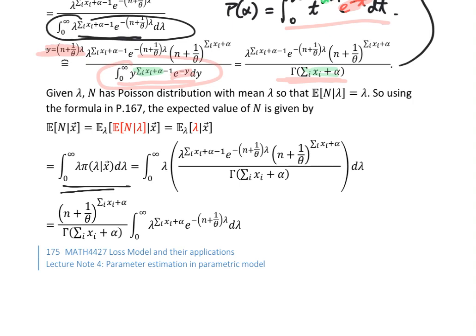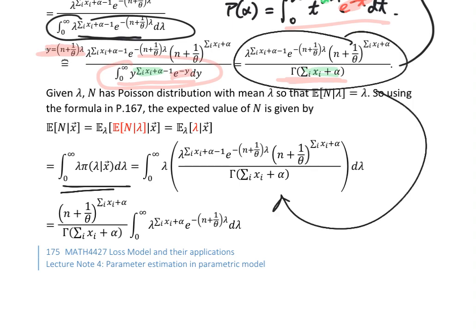Then you just put in your posterior distribution, that massive one here. Apparently this integral is so complicated, but I would say it's actually not as difficult as you expect.